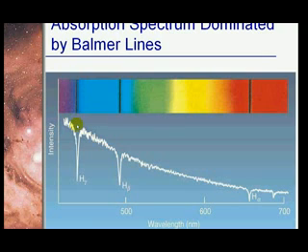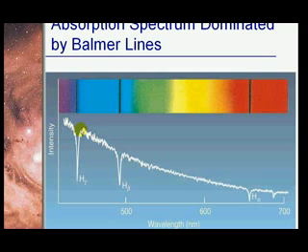The stronger the absorption, the greater the abundance of the element, and the wider the line, it means the more temperature or the less brightness.